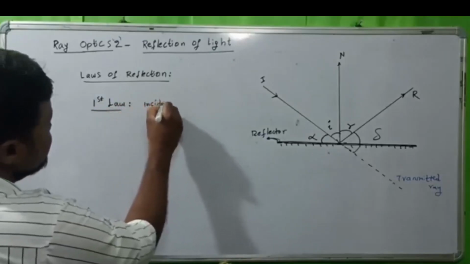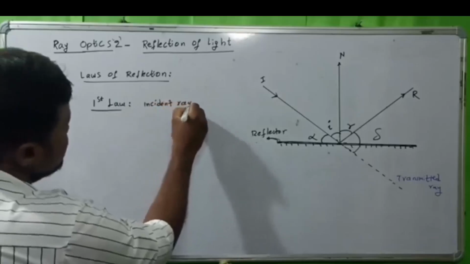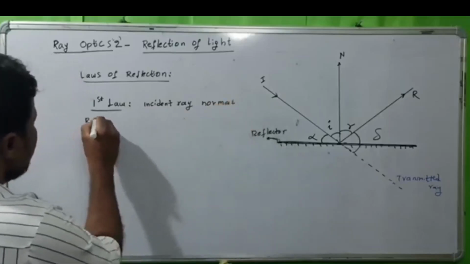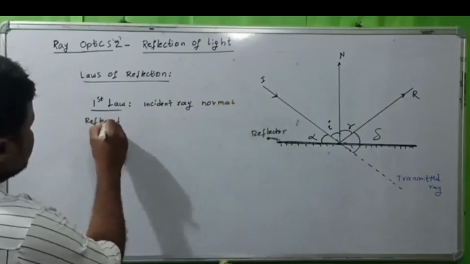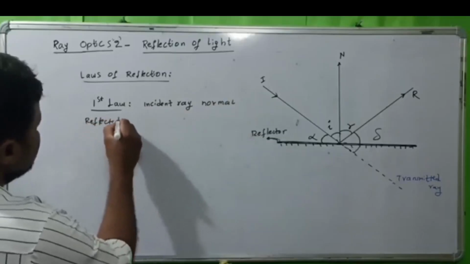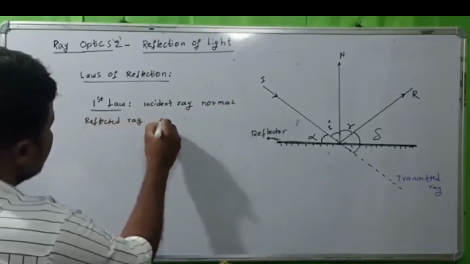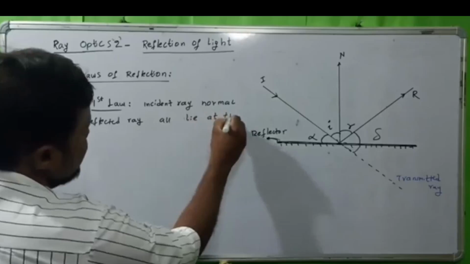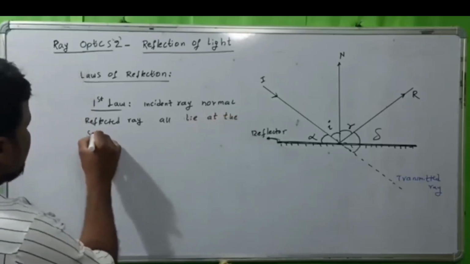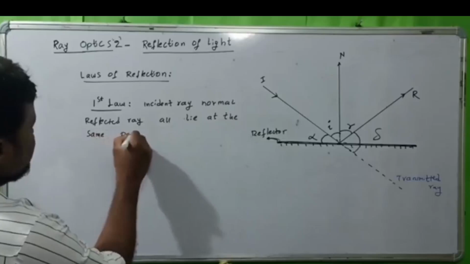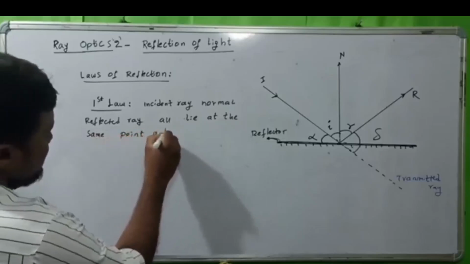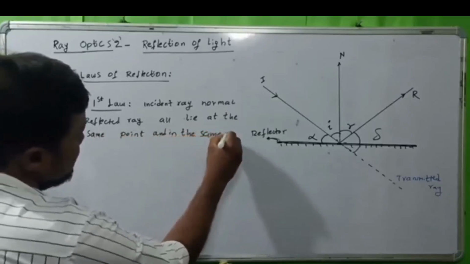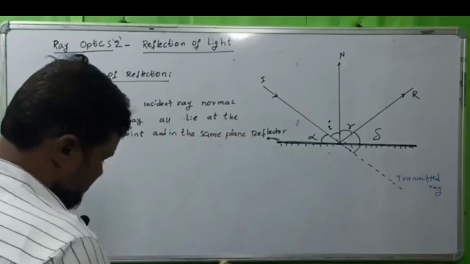the incident ray, normal, reflected ray, all lie at the same point and in the same plane.